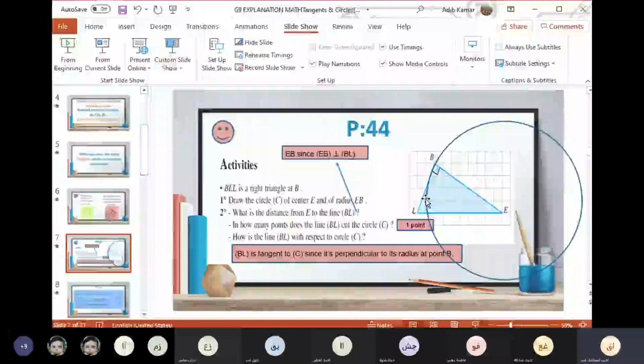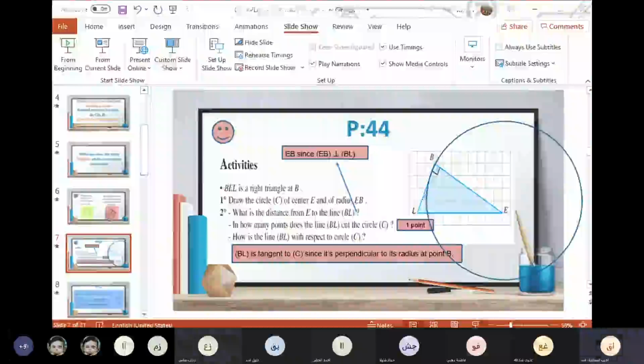Which segment is it, Hassan? The perpendicular drawn from E to the line BL is segment EB.